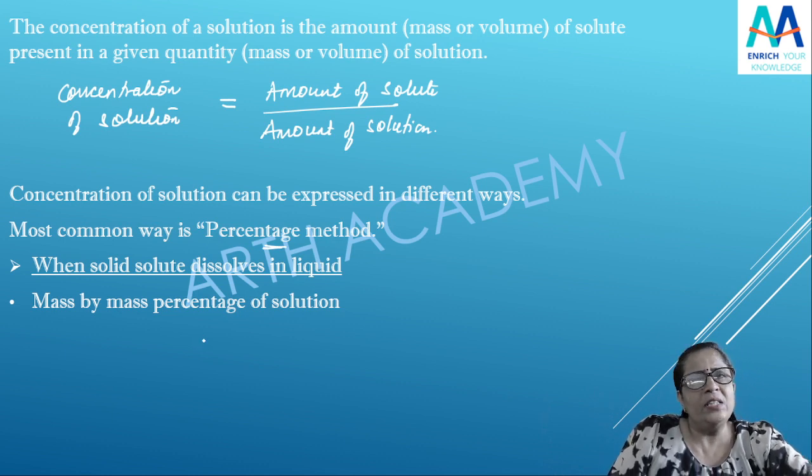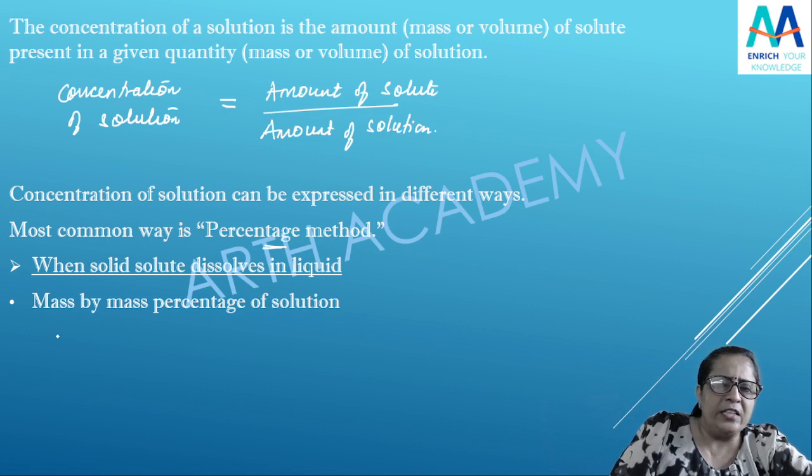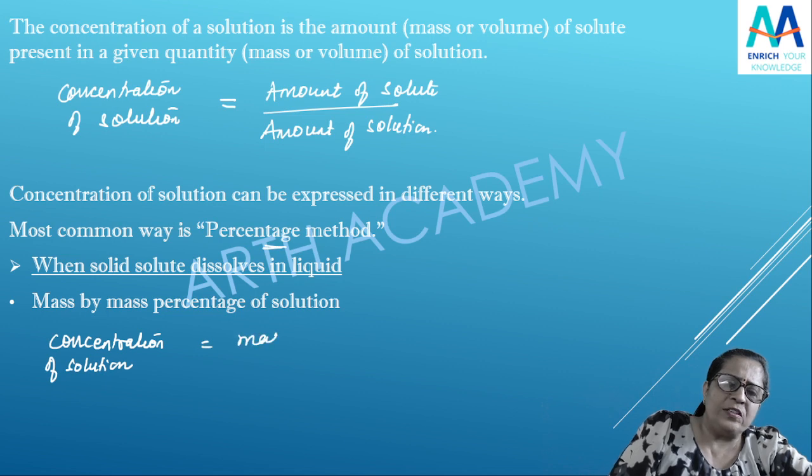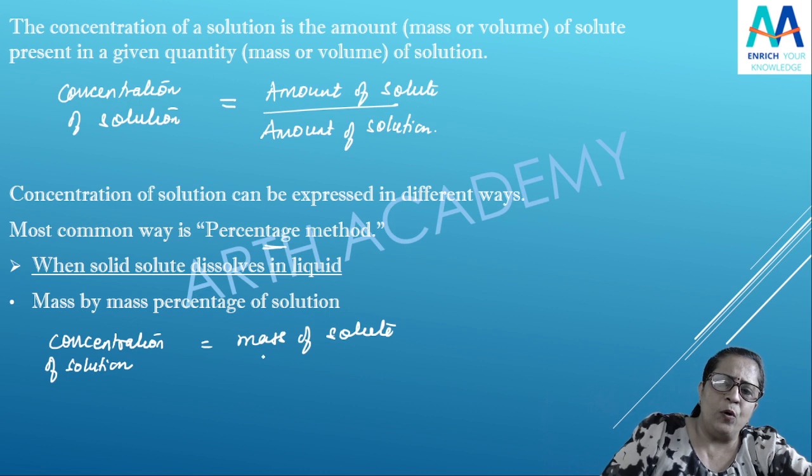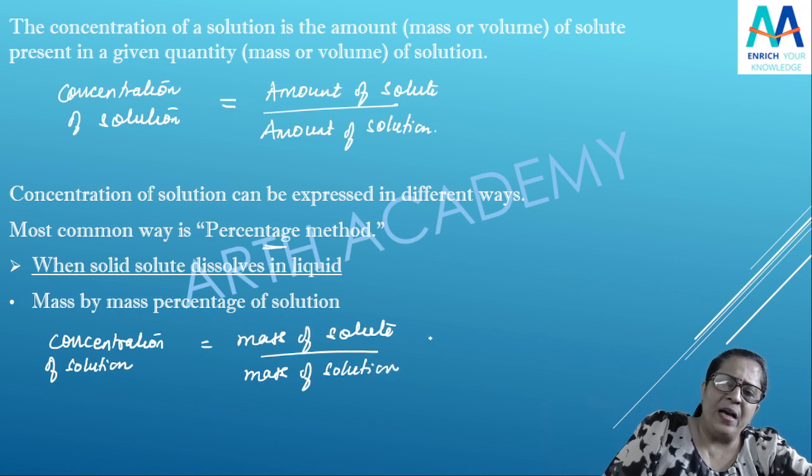solution. Now what is this mass by mass percentage of a solution? That means in this case the concentration of solution equals mass of a solute upon mass of a solution, multiplied by 100.